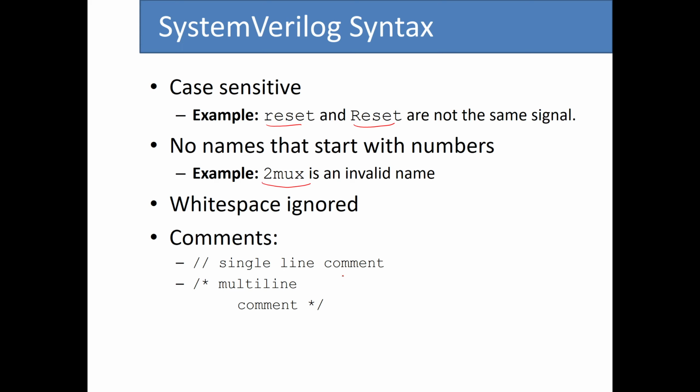If you want to have multiple lines of comments, you can use a slash, a star, and then a star, a slash to specify the part in your code that is going to be considered as comments, right? And this can be several lines of code.